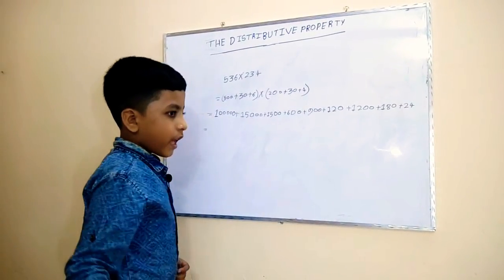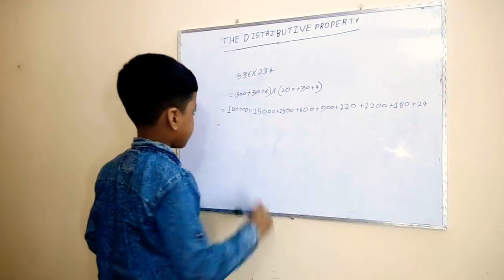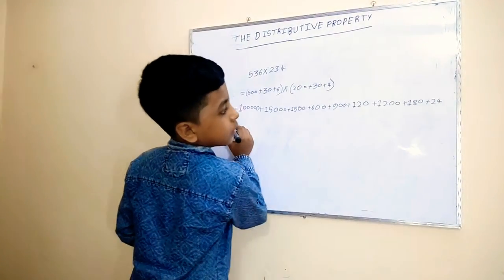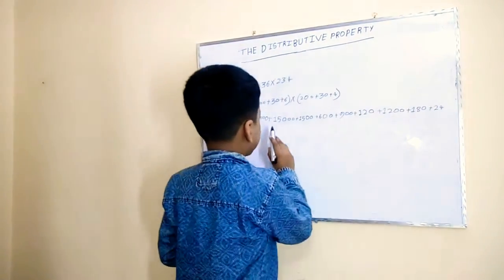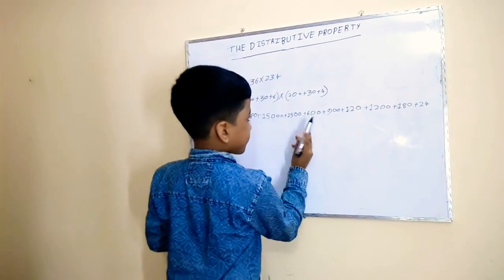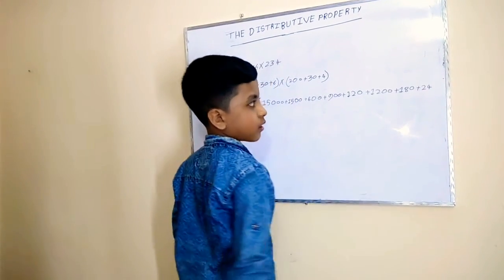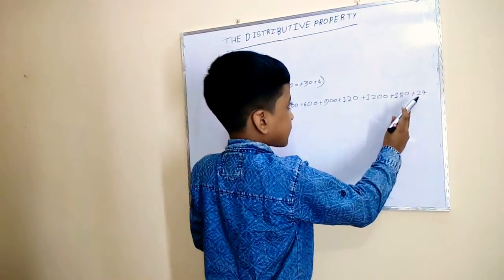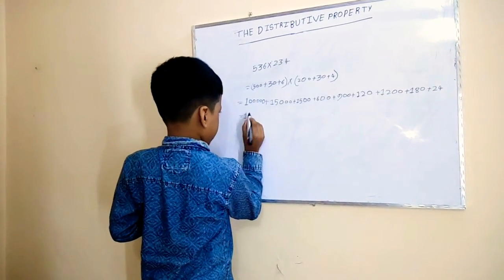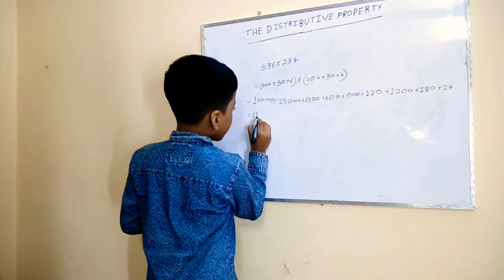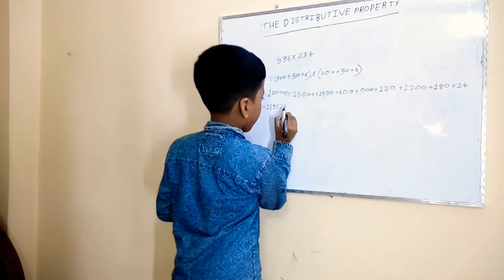So I'm gonna add these in just some few seconds. So 100,000 plus 15,000 plus 1,500 plus 600 plus 900 plus 120 plus 1,200 plus 180 plus 24 will give me 119,524.